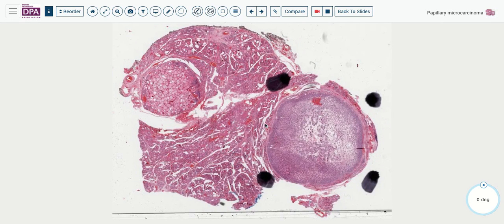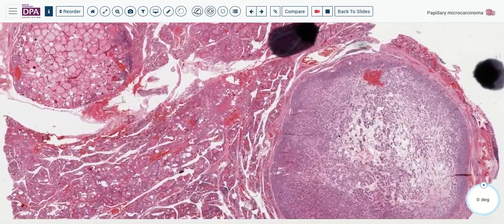Here's another example that's sort of pushing the size envelope a little bit.